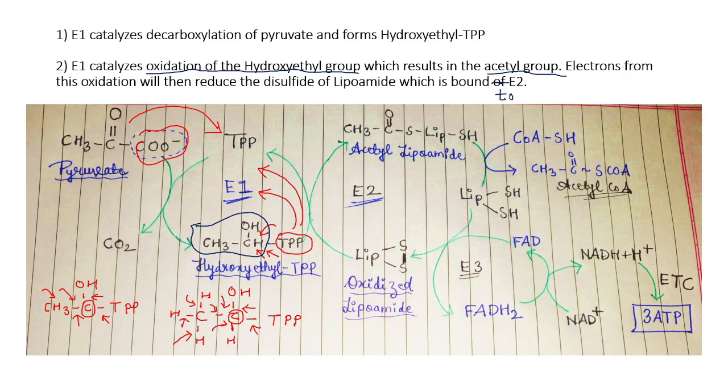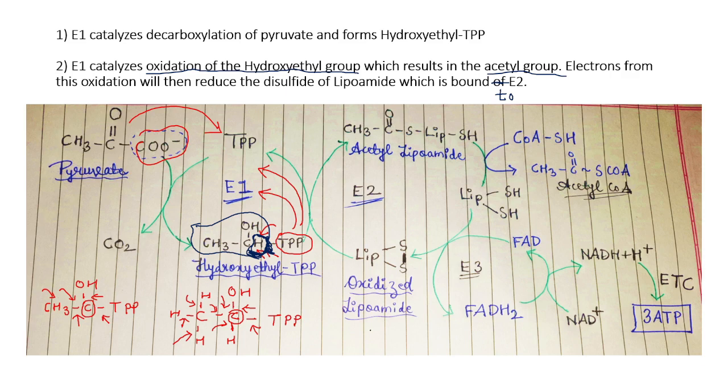Now from this hydroxyethyl group, this hydrogen will be released by oxidation, because we know that oxidation is loss of hydrogen atom and electron. Reduction is acceptance of hydrogen atoms and electron. So after this hydrogen atom gets lost, this hydroxyethyl group will be converted into an acetyl group.